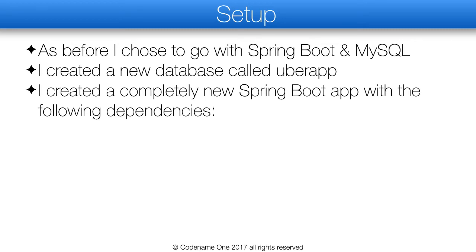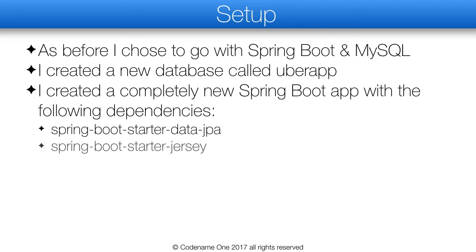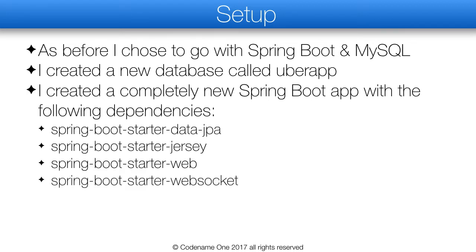I created a new Spring Boot project, which includes Maven dependencies for JPA, which is the Java Persistence Architecture or Hibernate, Jersey, which is the JSON and XML serialization framework, Web, which is useful for web service development, WebSocket for connecting over the newer WebSocket protocol.